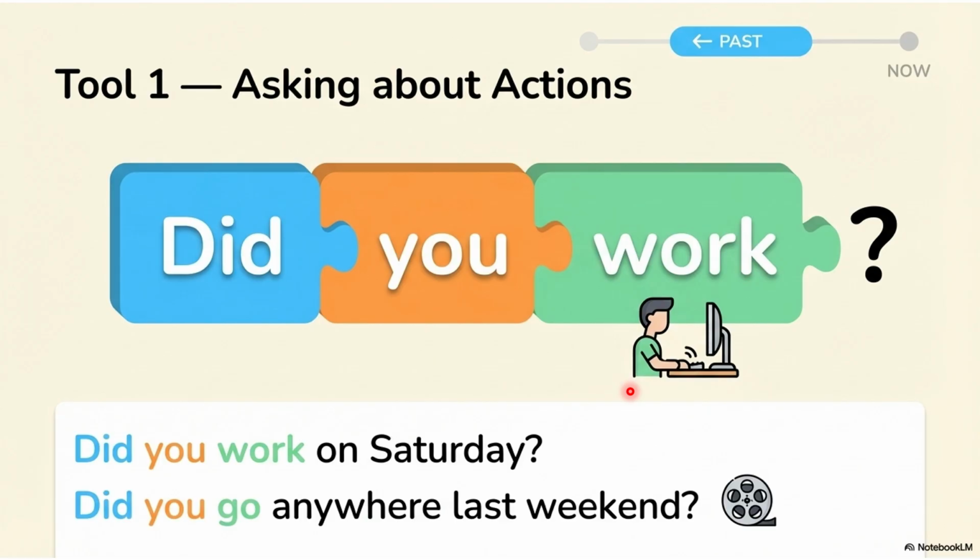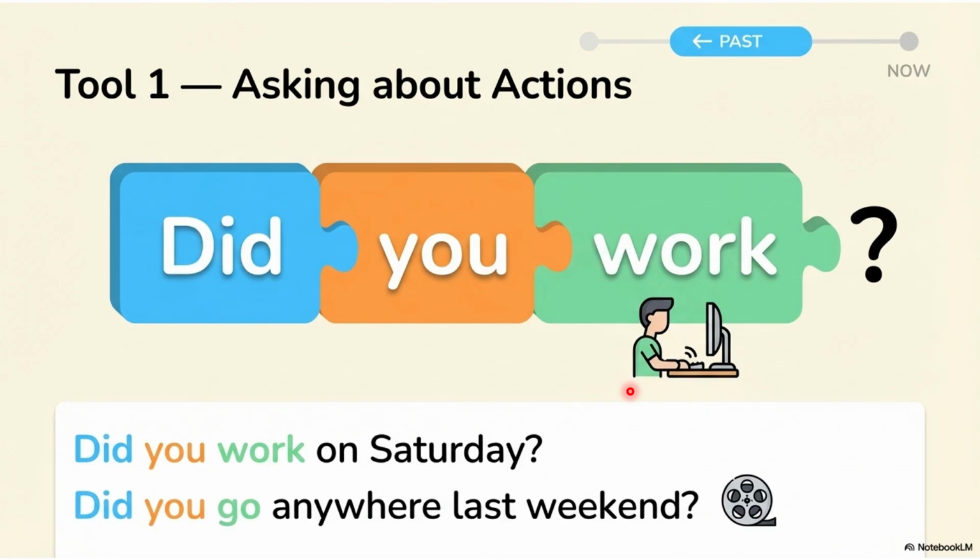So we have two tools for the past. We have did and we have the past of the verb to be. These are two different tools. A tool es una herramienta, right? A tool. Okay, so let's focus on the first one.